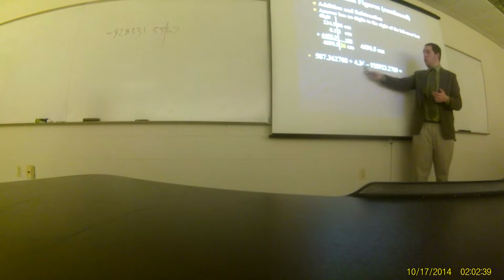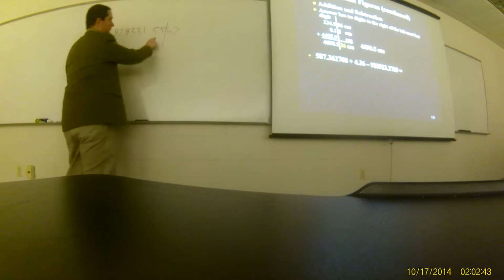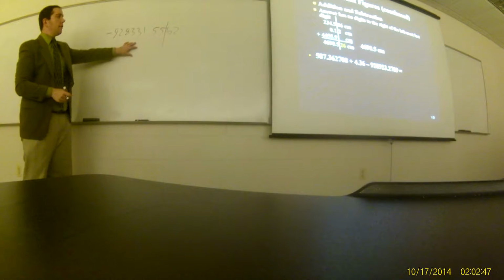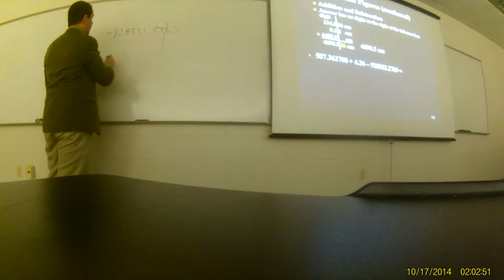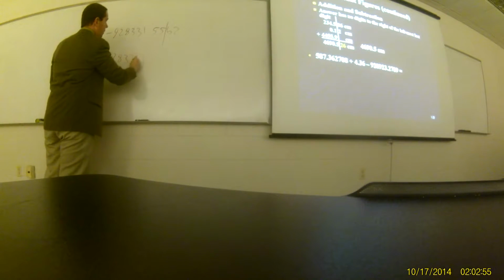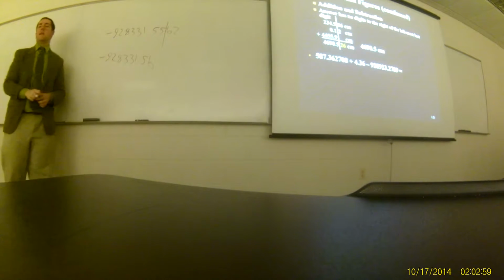The least is 2, and so my answer can only have 2 decimal places. And so what would you report as your answer here? 0.56. So negative 928,331.56. That's going to round up to give 0.56.